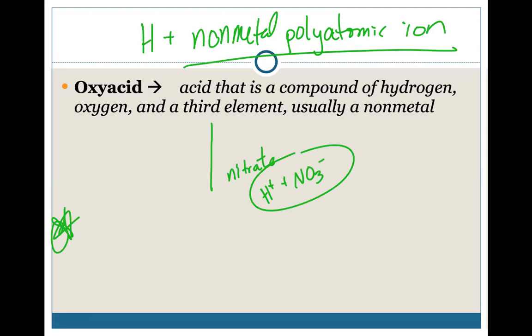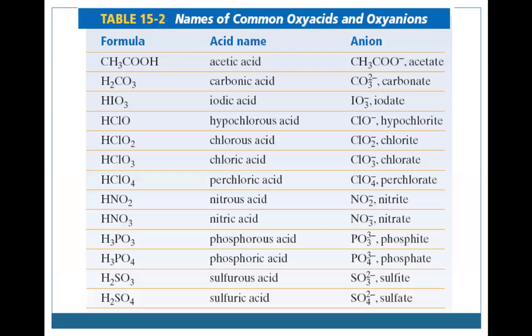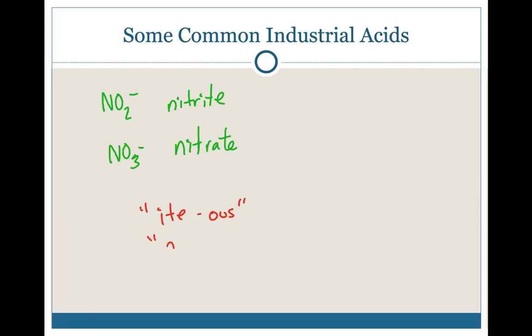Let me go back here. Okay, so I just need a blank screen. All right, so I've got NO2 minus, NO3 minus, nitrite, nitrate. Now, the way that I remember how to name oxyacids, I remember the rule ite, us, ate, ic.